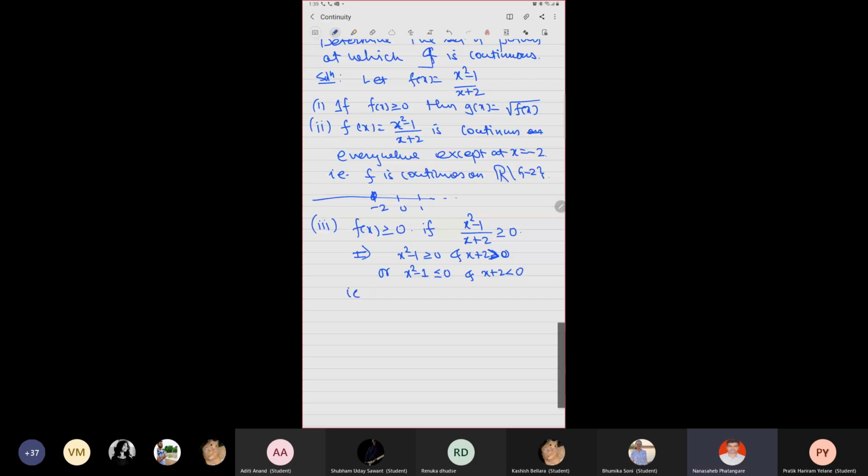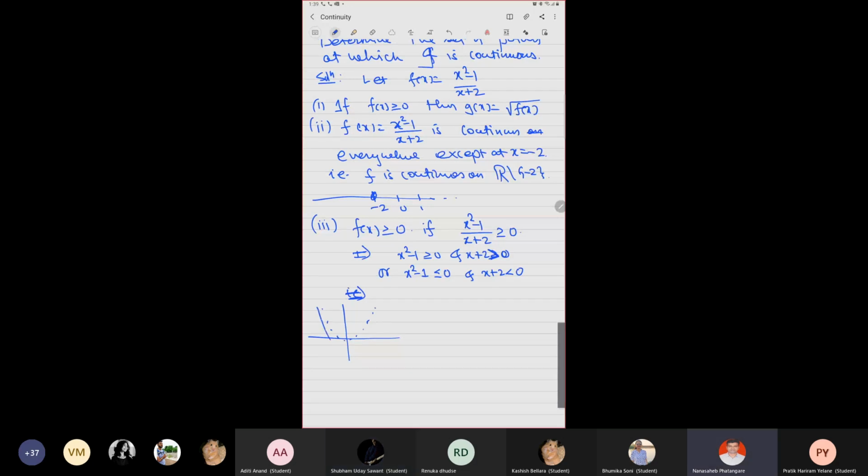So x square minus 1 greater than or equal to 0 means what? If we try to sketch the graph of x square minus 1, the graph is positive, above the x-axis, for x less than minus 1 or greater than 1.